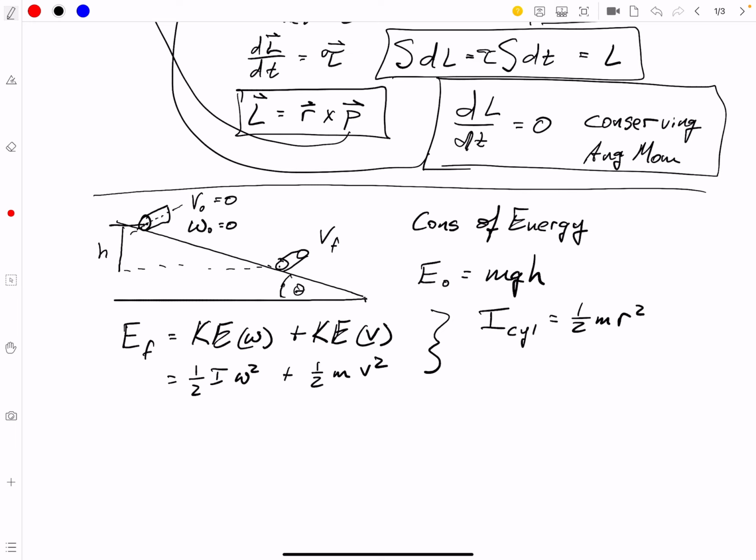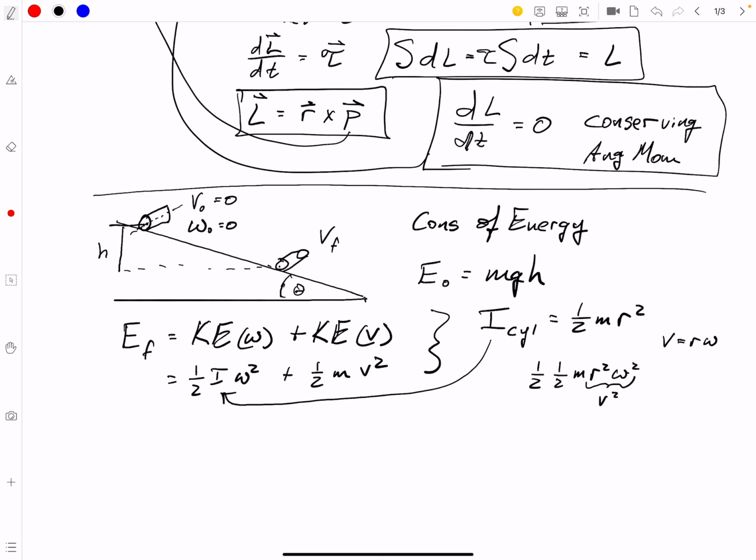If we put this I cylinder in right there, we are left with 1/2 times 1/2 mr squared omega squared. But if you note V equals R omega, that equals V squared.